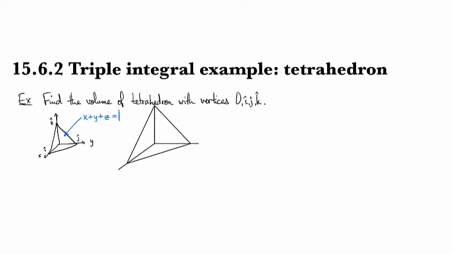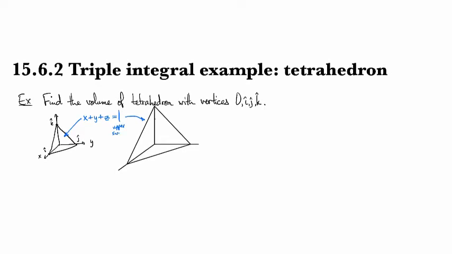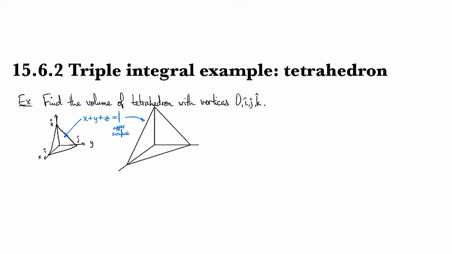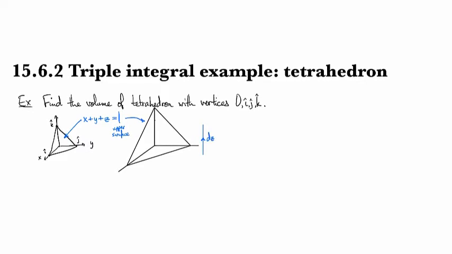Okay, so I've got the formula for my upper surface, and so I'm going to set up my first integration for dz. I'm going to be looking for where vertical lines first hit the region and then when they exit the region.